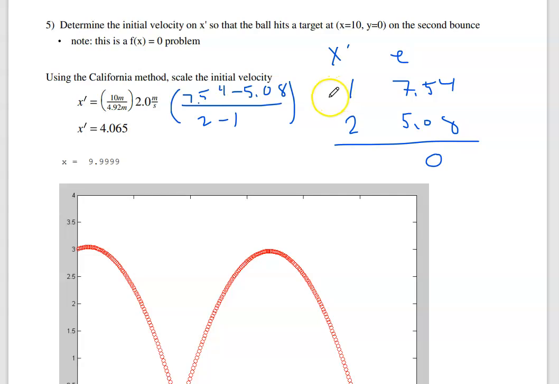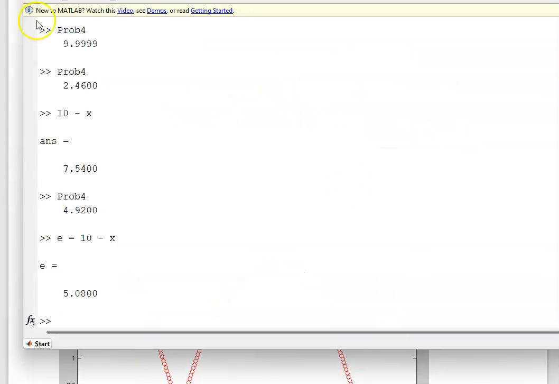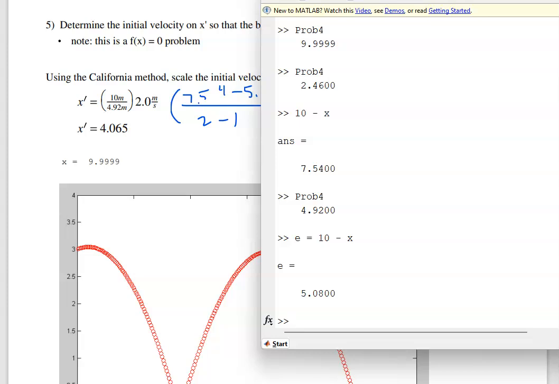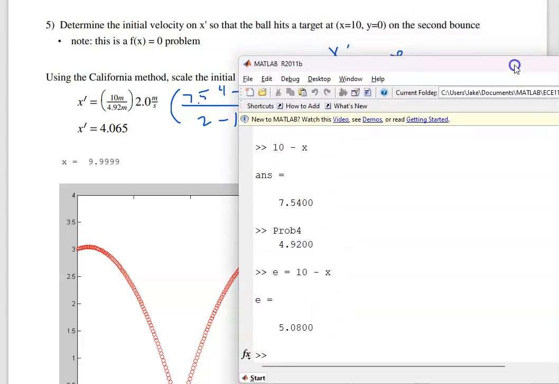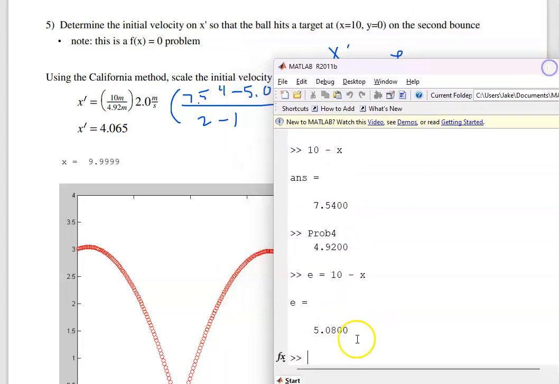Let's take the first point, times the initial error, 7.54. Let's do that in Matlab. Actually, let's use a calculator.